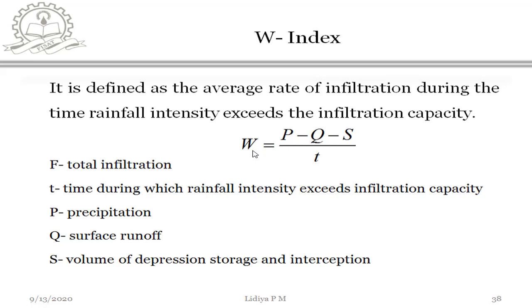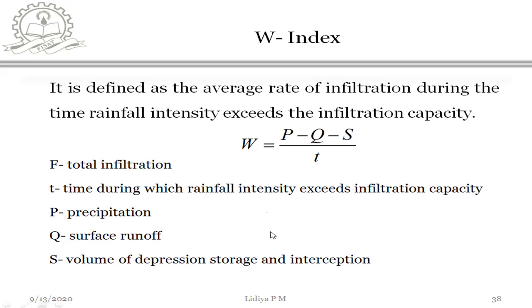We are not considering the other losses. We obtain this value by using this equation, that is, P minus Q minus S divided by T, where P represents the precipitation, Q represents the surface runoff, and S represents the volume of rainfall which is stored in depression storage and interception, then divided by time, where time represents the period during which the rainfall intensity exceeds the infiltration capacity.